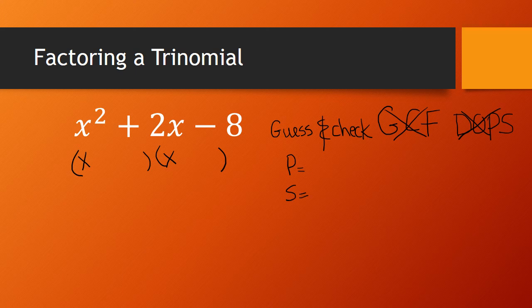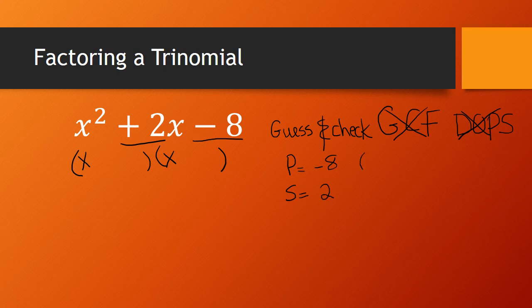So the product of the numbers inside the binomials, looking at the trinomial, is going to be the last term, which is -8. And the sum of the numbers in the binomials is the middle term in the trinomial, which is 2.